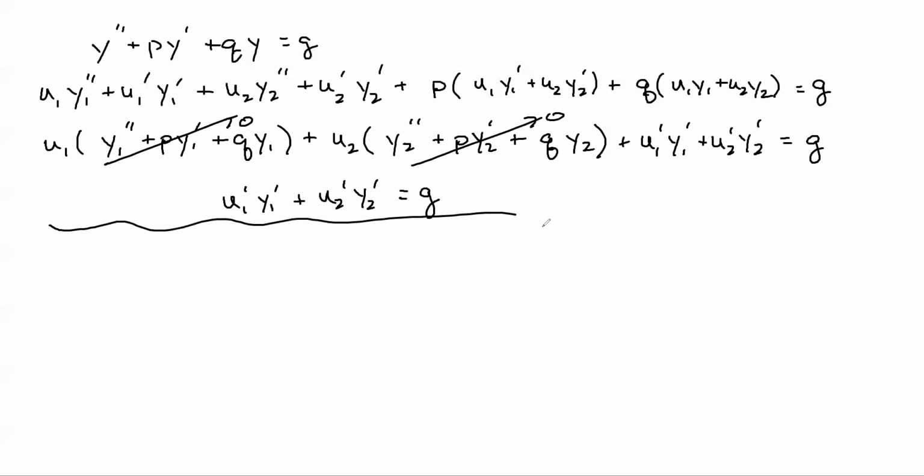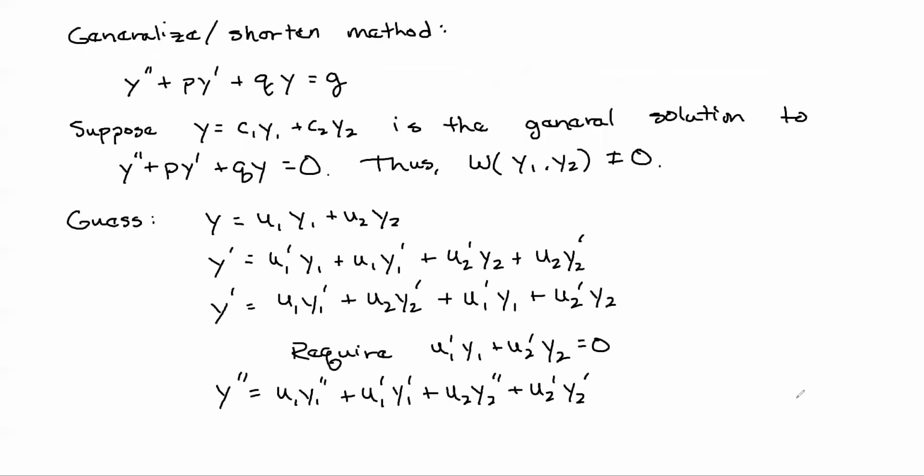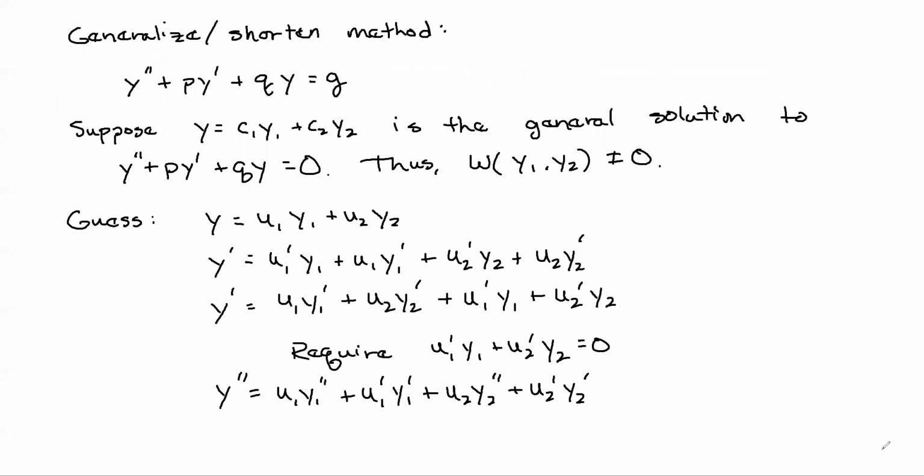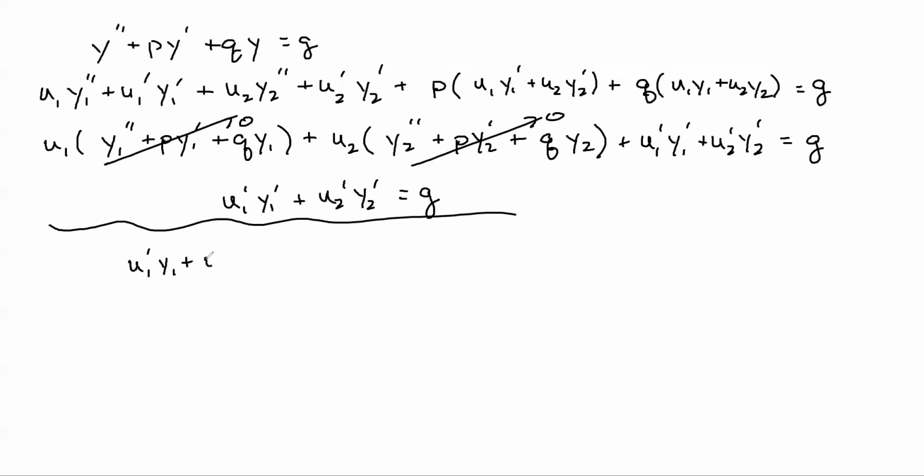All right, and now here's the part where we create the system of equations. So we maybe draw a little dividing line here. We want to take our earlier requirement, u1 prime y1 plus u2 prime y2 equals 0, and combine it with this, u1 prime y1 prime plus u2 prime y2 prime equals g.